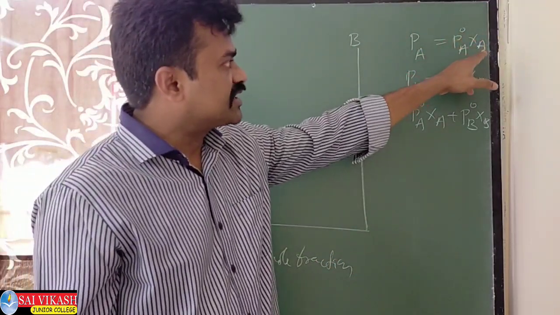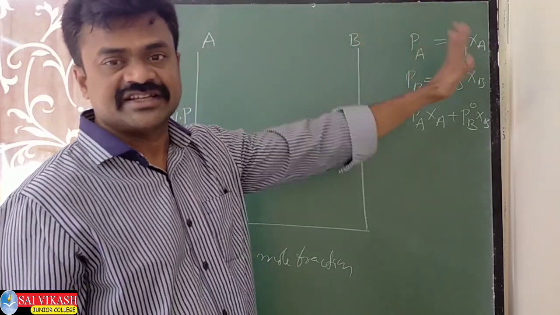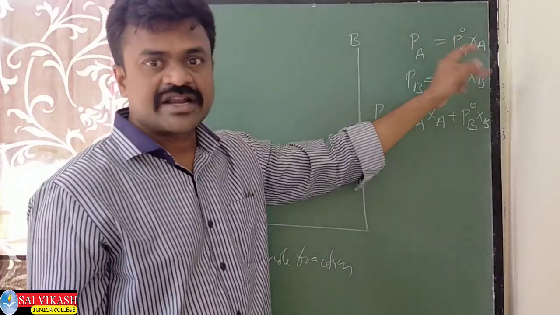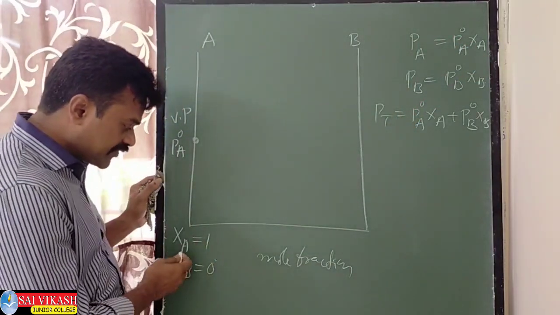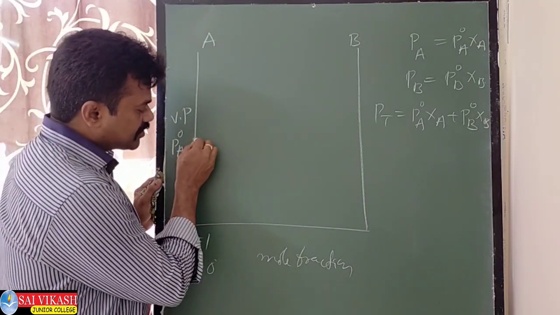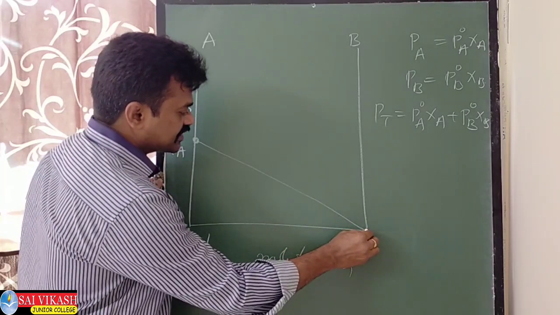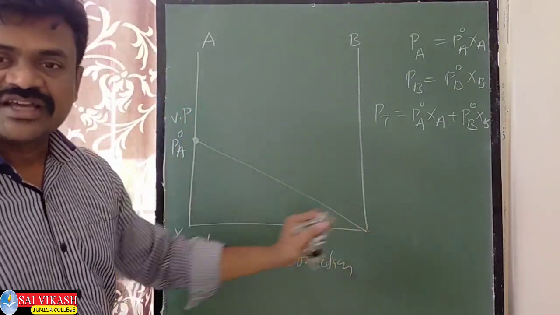When B is added, the A mole fraction decreases. If the A mole fraction decreases, the partial vapor pressure in the solution decreases, because these two are directly proportional. Therefore, the XA value decreases, and the partial vapor pressure of A also decreases, and reaches zero there.